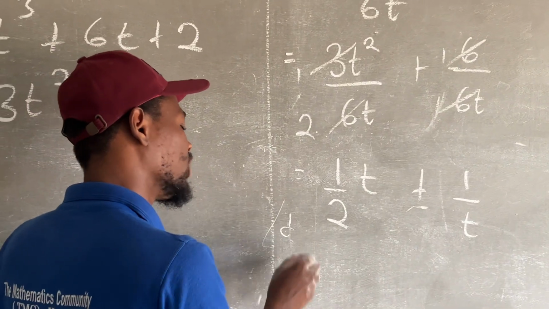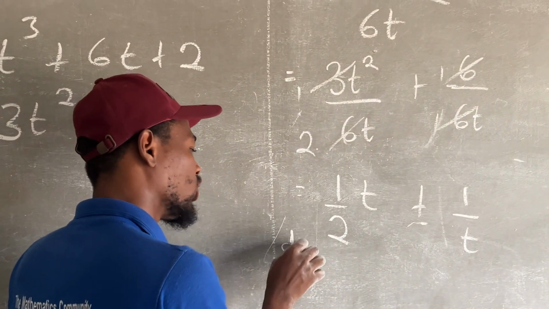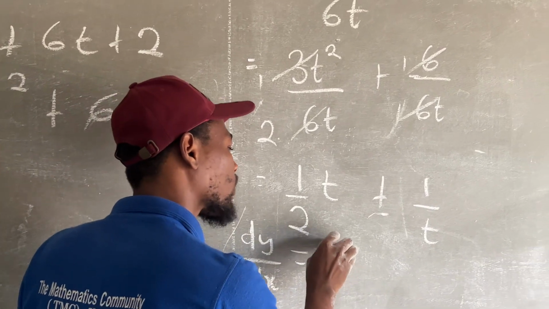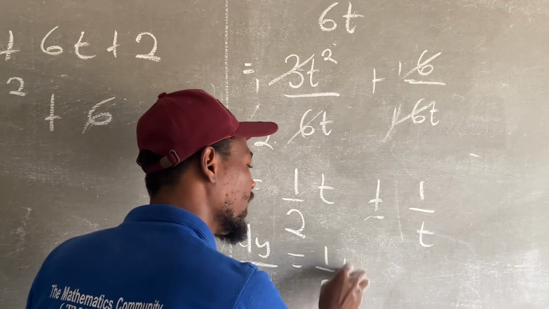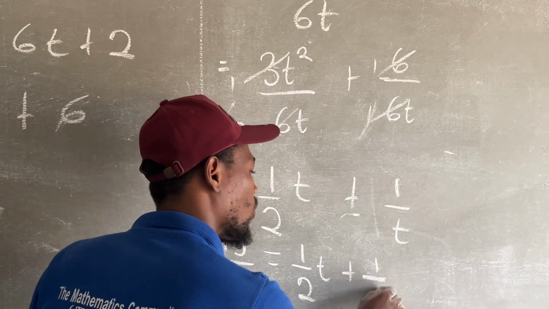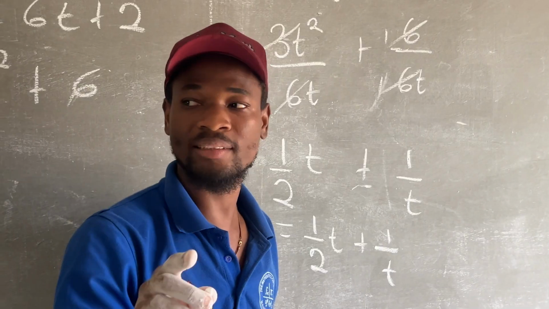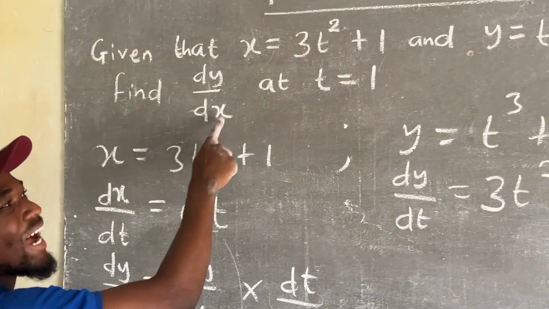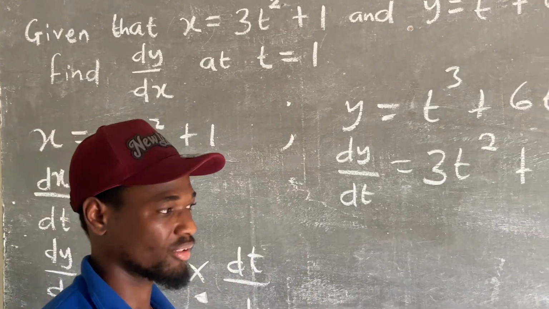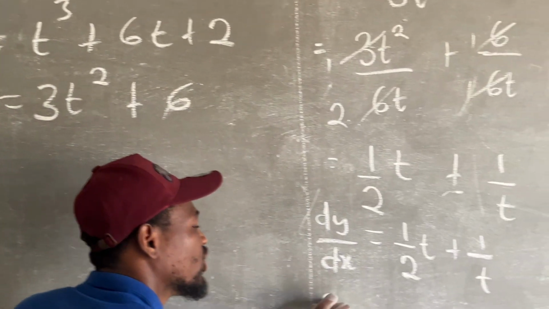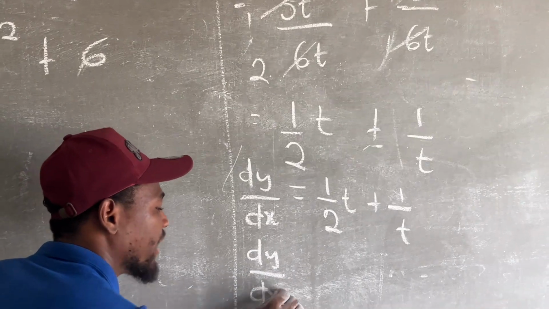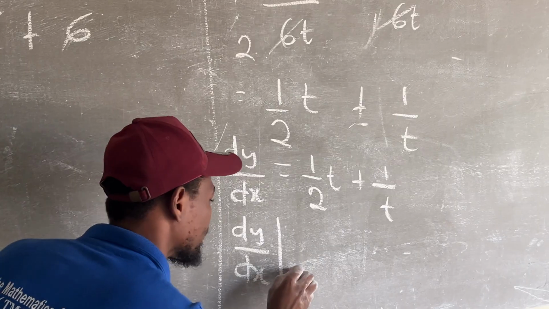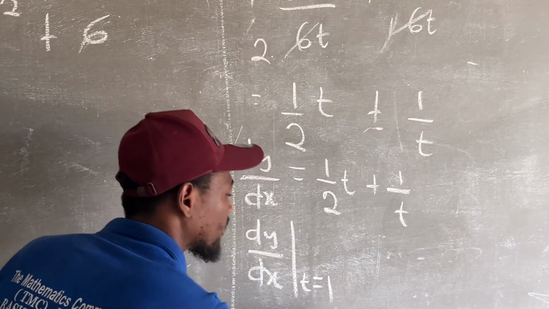So therefore, my dy over my dx is equal to 1 over 2t, then plus 1 over t. But viewers, listen. The question said, find dy over dx at t is equal to 1.